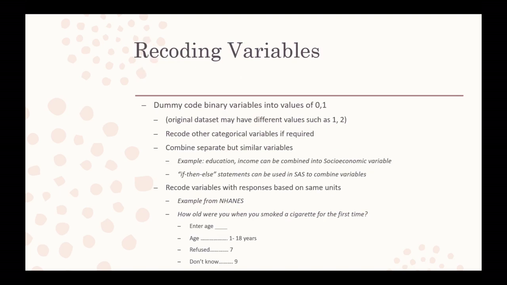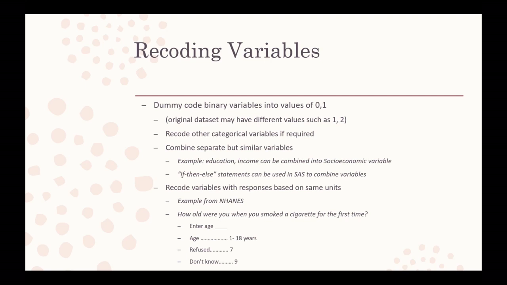And next, coming to recoding variables. So when you're recoding variables, you can dummy code the variables into binary variables, into values of 0 and 1. So the original data set may have a different value for that particular binary variable. It could have yes as 1 and no as 2. Whereas when you're working with the data, and if you want to recode or dummy code it, you can recode 1 and 2 as 0 and 1.